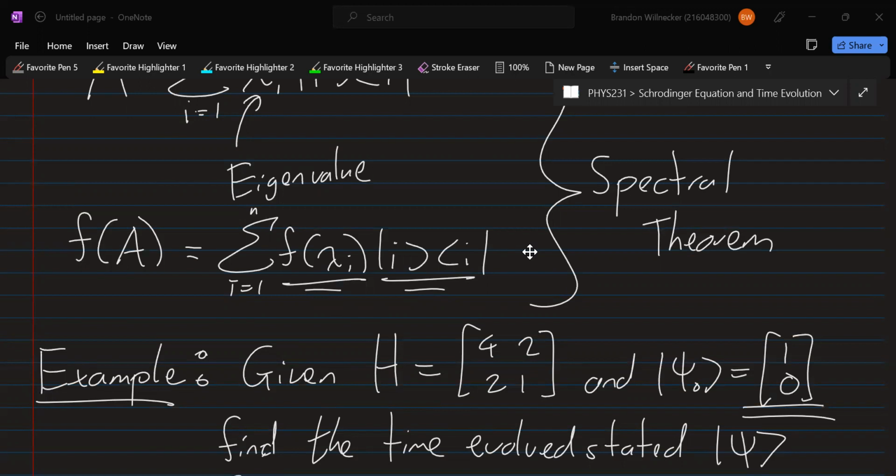Or the alternate way, which we're going to do a bit later, is we're going to write this initial state as a linear combination of the eigenvectors and then proceed from there. So we'll see that's actually quite a bit easier. Okay, but let's first do it the matrix way, where we substitute the matrix form of the projectors and then use matrix multiplication.